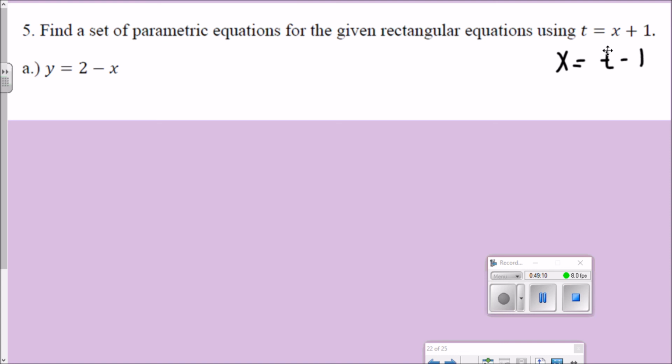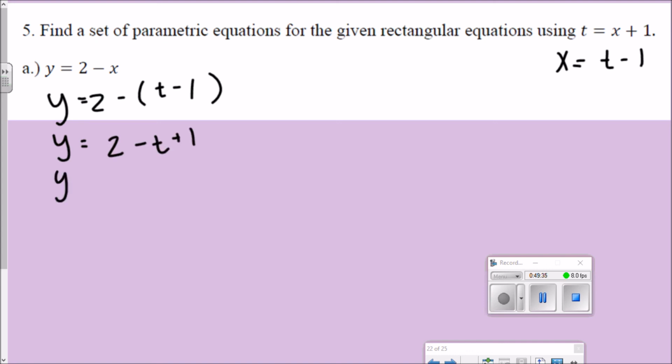So I have x is equal to t minus 1, and then I need to go find y of t. Here's how I do that. Instead of x, I will take its counterpart, t minus 1. So I'm going to say y is equal to 2 minus x, but instead of x, I'm going to say what it's equivalent to, the one that includes t, because I'm eventually wanting y of t, and distribute that negative, and x of t.